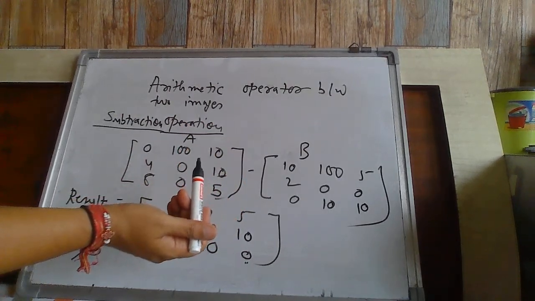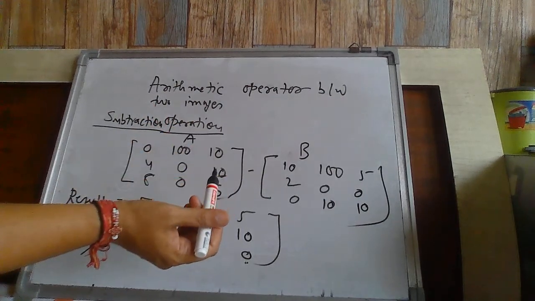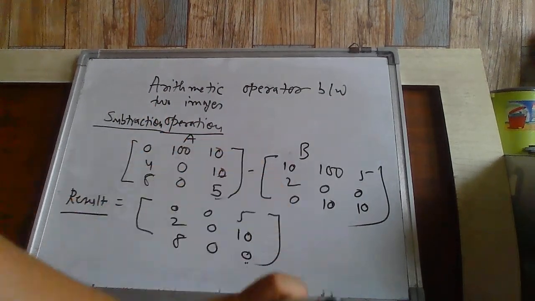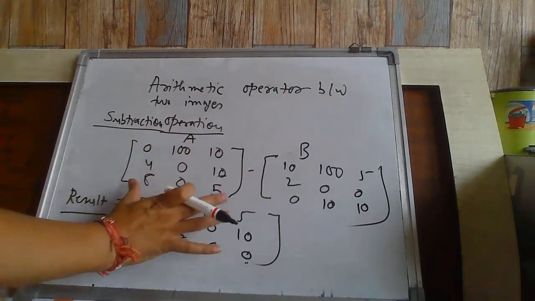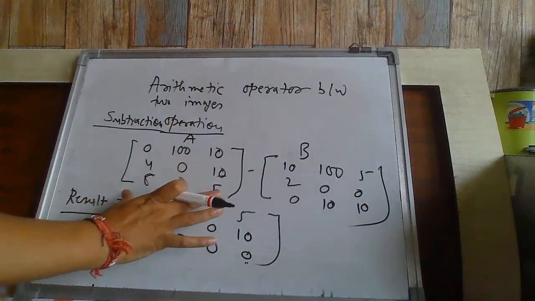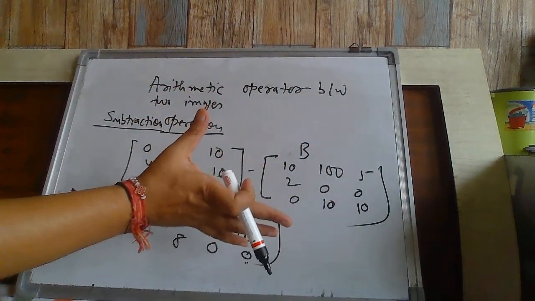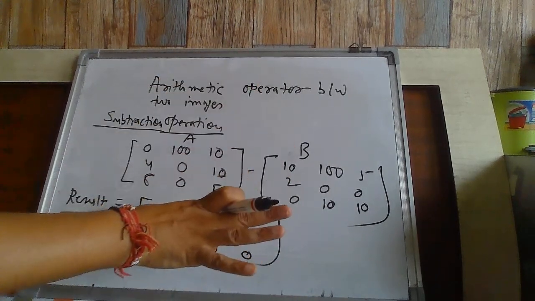In masking or region of interest, you always follow multiplication operations. So in this way, you can perform basic arithmetic operations pixel to pixel between 2 images, just to perform some kind of manipulation over the image, and you get back your resultant image.